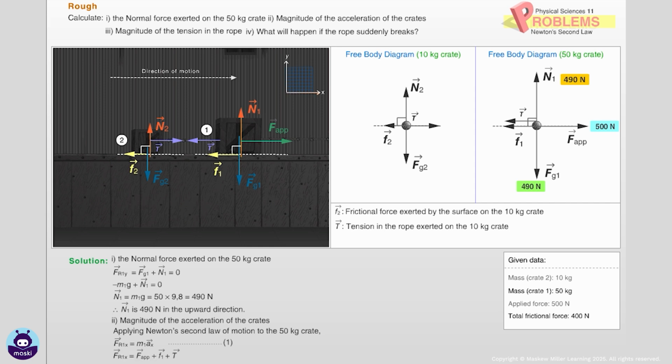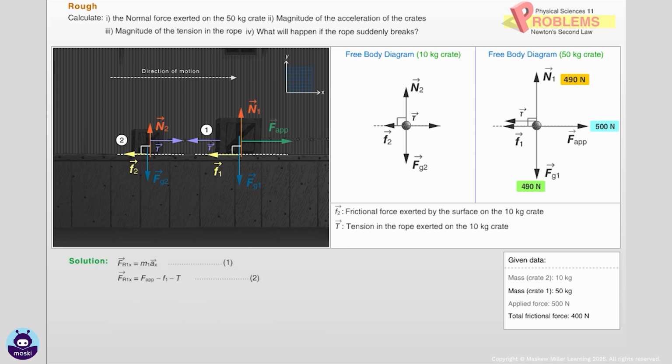Therefore, vector Fr1x equals vector F applied plus vector F1 plus vector T. Taking the direction towards the right as positive, we get Fr1x equals F applied minus F1 minus T. Combining 1 and 2, we get m1 ax equals F applied minus F1 minus T. Substituting the values, we get 50 times a equals 500 minus 3/4 times 400 minus T.